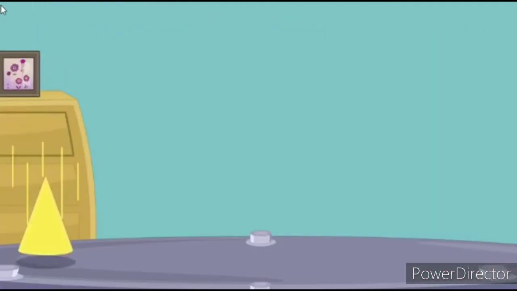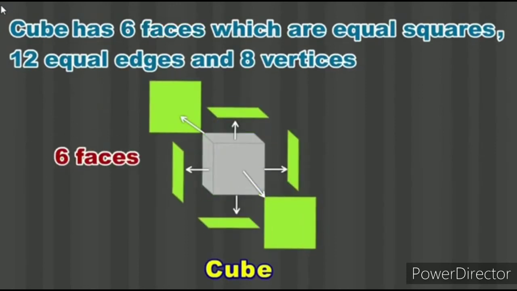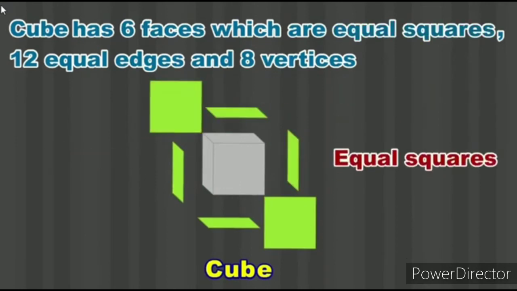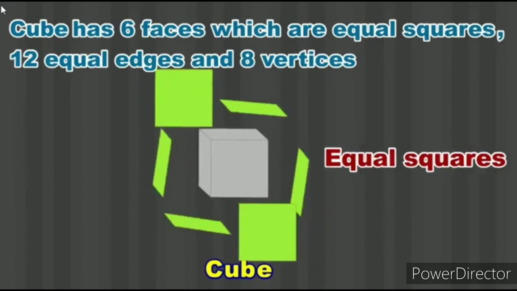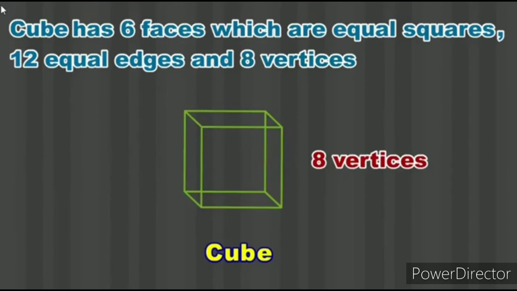So let us understand now different faces a cube has. Cube has 6 faces which are equal squares. You can see equal squares, 6 equal faces are there. Now it has 12 equal edges. See the orange part you are watching, so these are 12 equal edges, and here are the vertices where the edges are meeting.